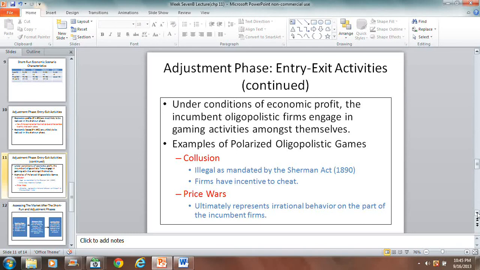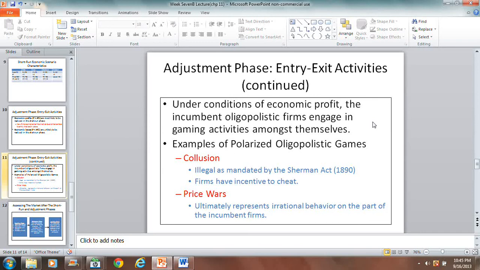What's interesting about oligopoly is that even though they face no competition from new entrants, because new firms can't come into the industry, when the firms within the industry are making profits, they start to go into a type of gaming activity where they play games amongst themselves. Your study of this gaming activity can become very exotic, very mathematical.